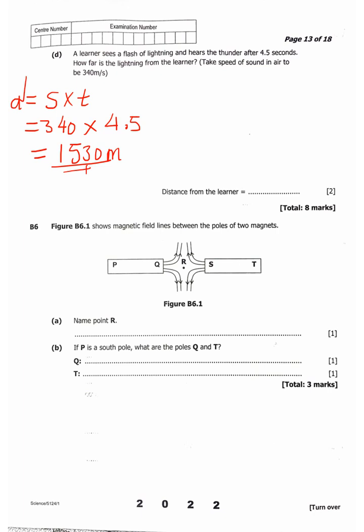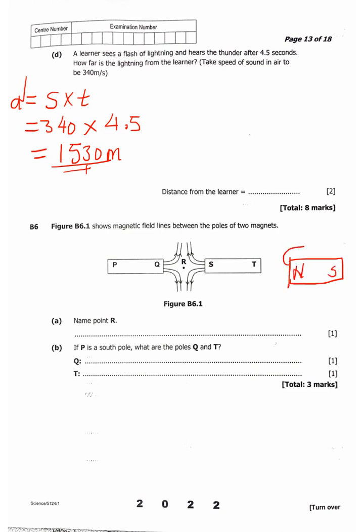Now we can move on to question 6. Figure B 6.1 shows magnetic field lines between the poles of two magnets. One thing about a magnet is that it has two poles, a north pole and a south pole.